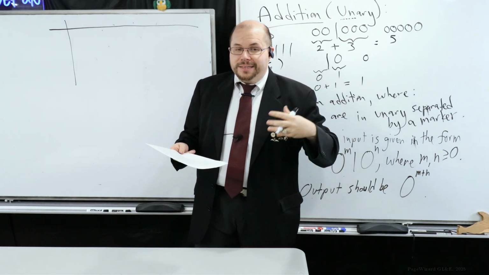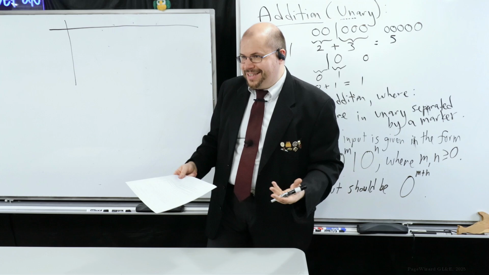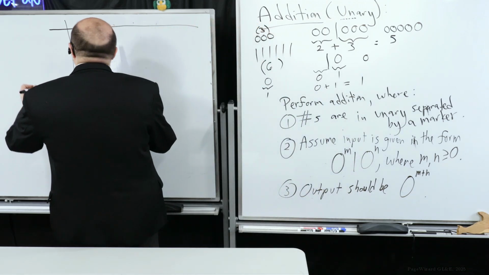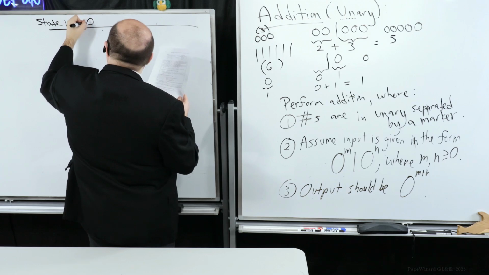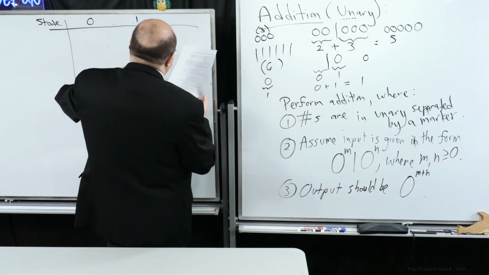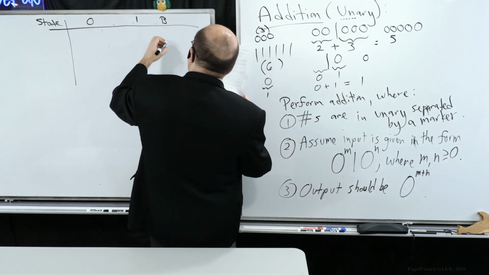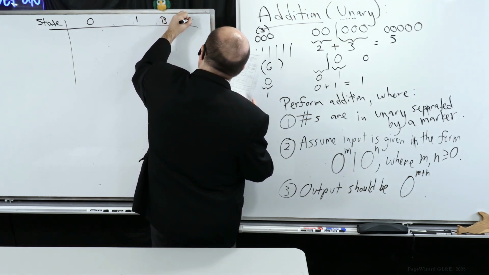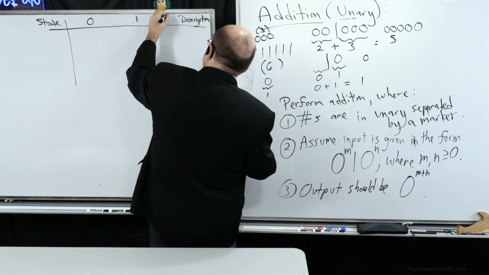Here it actually makes a lot more sense to talk about them as having jobs or a task that they're doing. So we're going to have a state, the different tape symbols, a 0, 1, or a blank, and then a description.